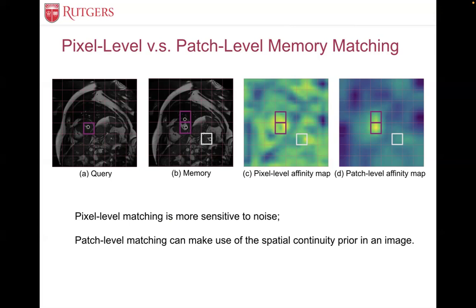In this work, we propose patch-level query memory matching in order to make use of the spatial continuity prior in CMR images. This is because at the image patch level, the background is no longer similar to the foreground.